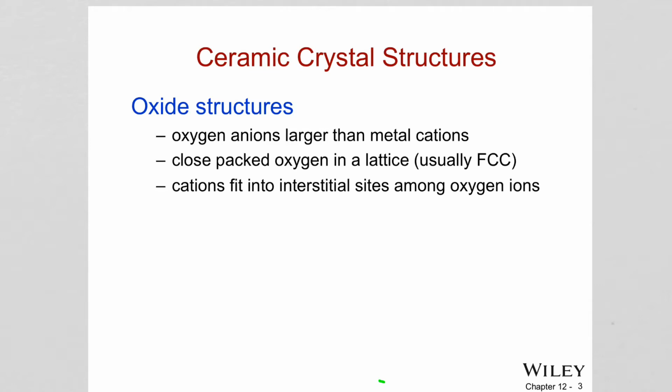And two characteristics of ions in ceramic materials influence the crystal structure. The first one is the magnitude of the electrical charge on each component ion, and the second one is the relative sizes of cations and anions.